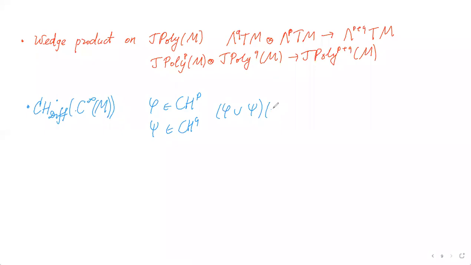Take f1 through fp, fp plus 1 through fp plus q, and phi is applied to the first p functions, and psi is applied to the remaining q functions. Right? And then you can check that this map is well-defined and induces a well-defined map on cohomology.